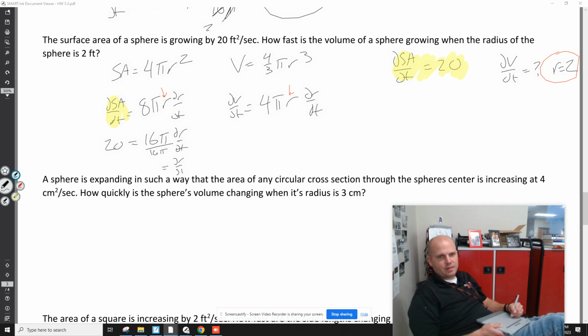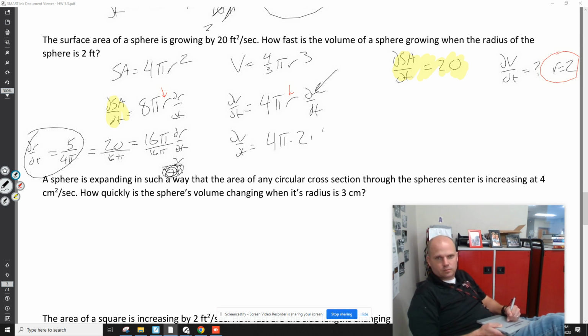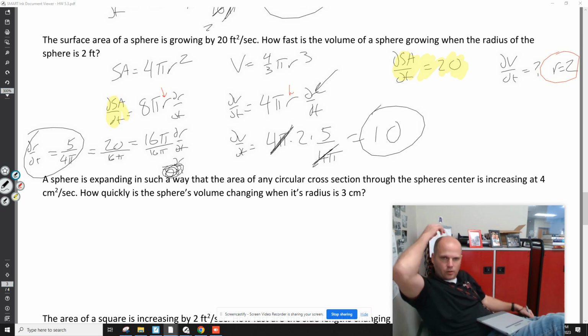Divide by 16 pi. That pi is in the denominator. If people are going to make mistakes, it's because they are not comfortable having pi's in denominators. That's dr dt. That can be replaced here so that you can find dv dt. We did something just like this in the notes.